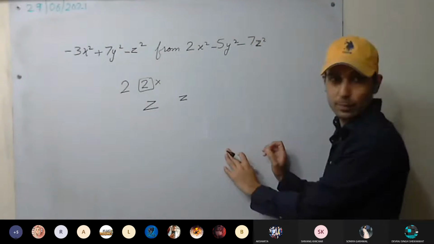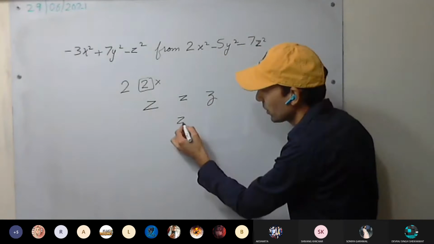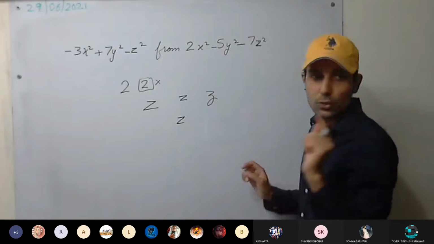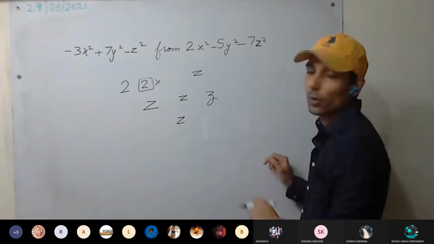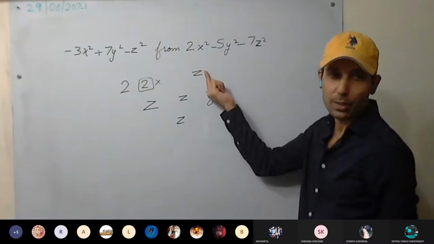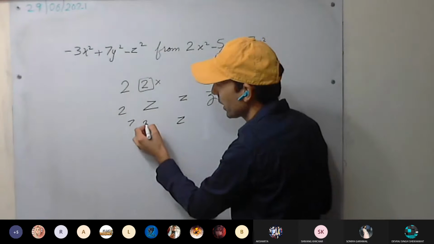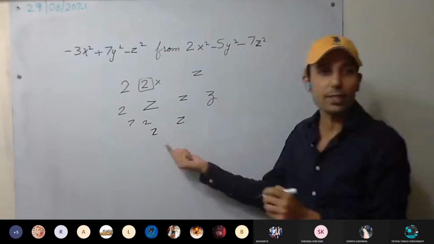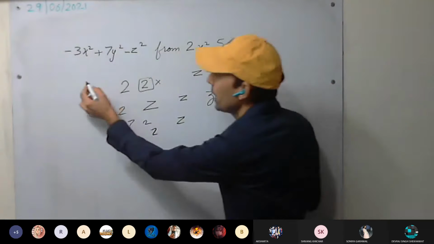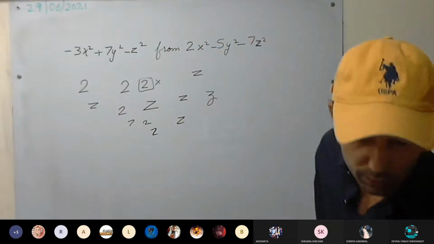Some students write z in a way that looks like 2, so you might get confused. The 2 will be a little bit bigger in size. For z, always use the sharp corner.